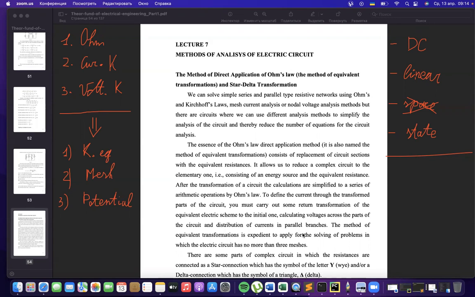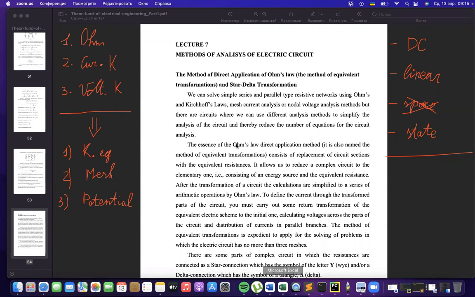What does simpler mean? It means that this method gives us the opportunity to decrease the number of necessary equations. The fewer equations that we get, the simpler the method.